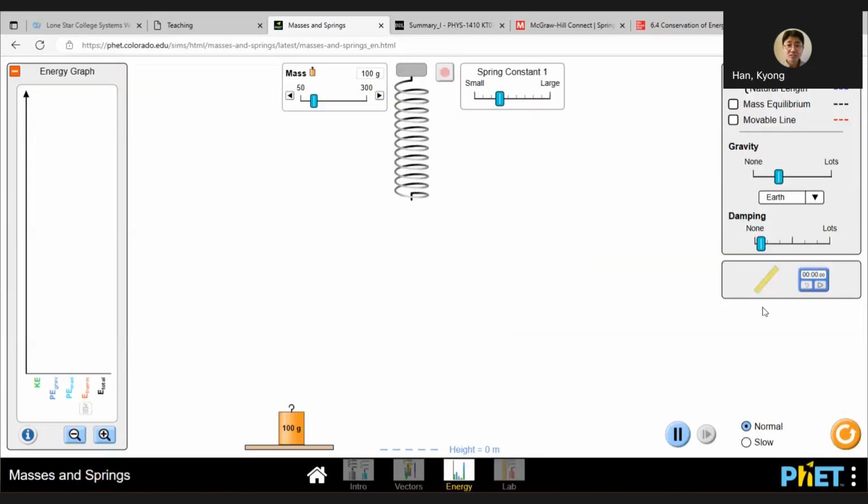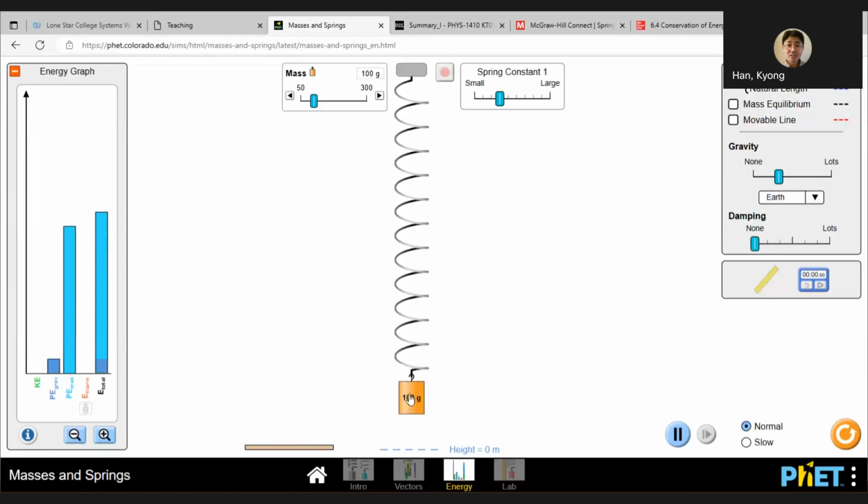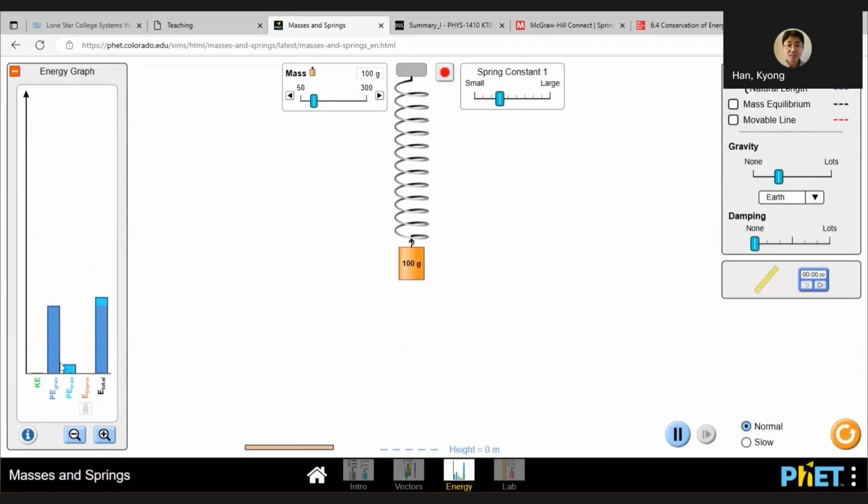This is the energy chart. If I hook this one, it can oscillate, right? If there is no resistance, damping is zero. Maybe I pull it. As you see here on the left side is the chart: kinetic energy, potential energy of gravity, and this is elastic potential energy. If I pull, elastic potential energy increases while gravitational potential energy decreases.